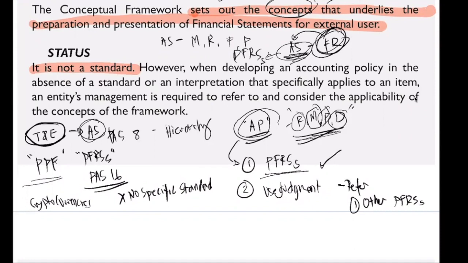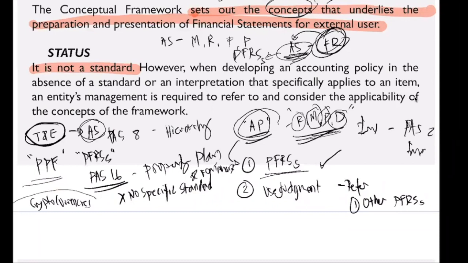When we talk about your PFRS per se, we need to look at the title itself, whether it is embedded in that title. So we have here property, plant, and equipment, and PAS 16 is known as property, plant, and equipment. For example, we have inventory. Do we have a specific standard on it? Yes, we have your PAS 2, known as your inventories.